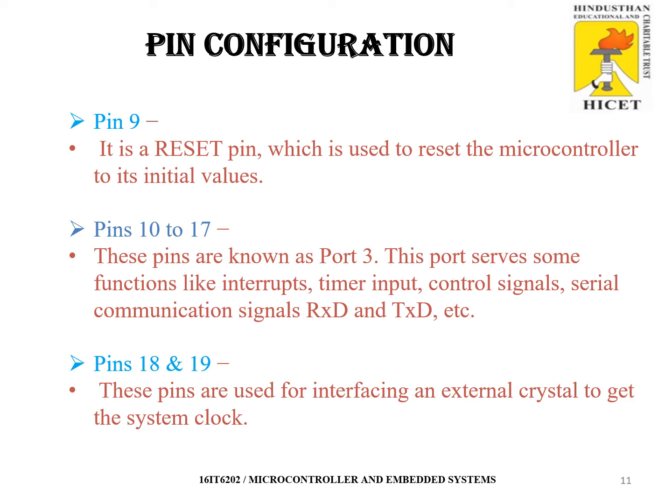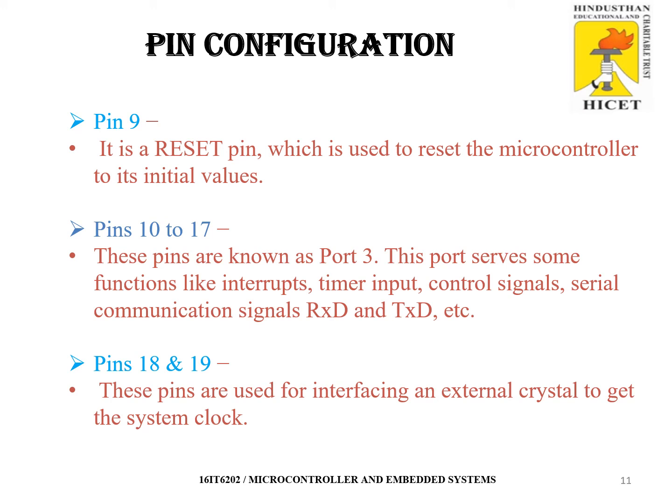Now coming to the next pins, 10 to 17. Pins 10 to 17 can be used for different work like interrupts, timer input, control signals, and serial communication signals, that is receiver and transmitter. The pins INT0 and INT1 stand for interrupt 0 and interrupt 1.